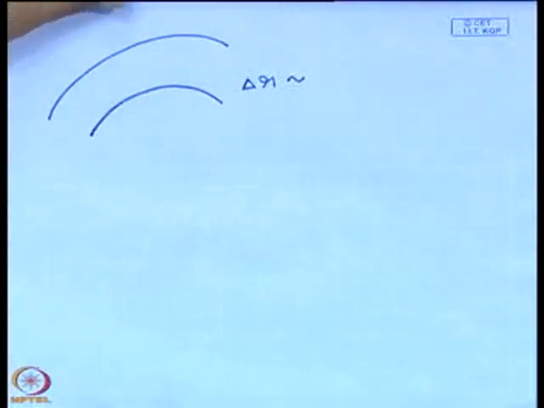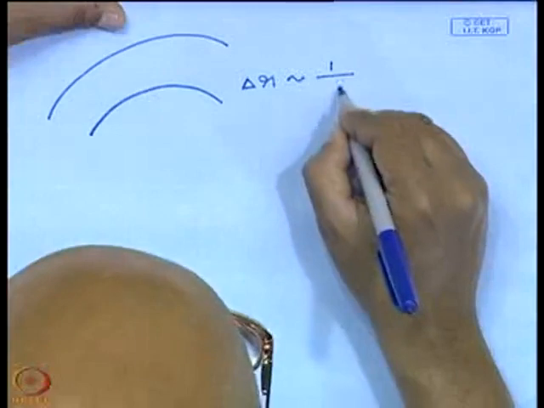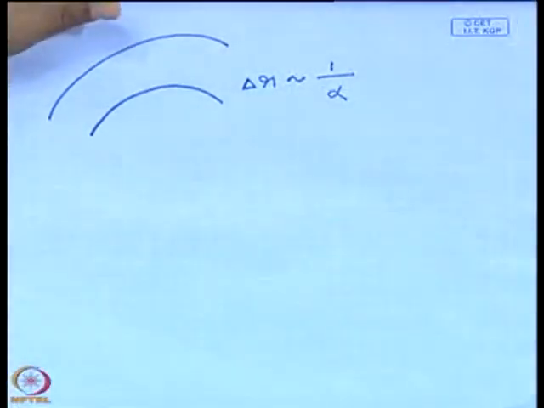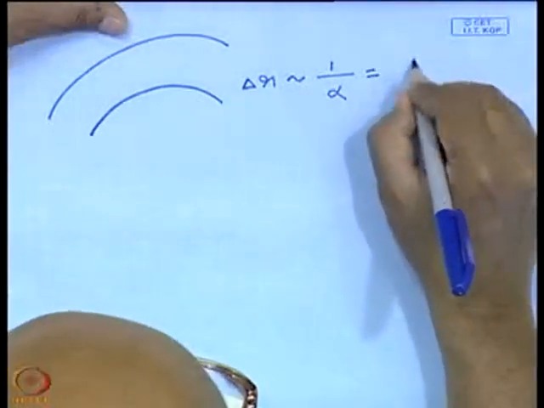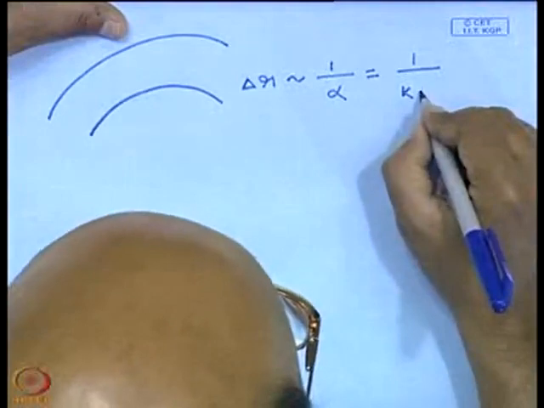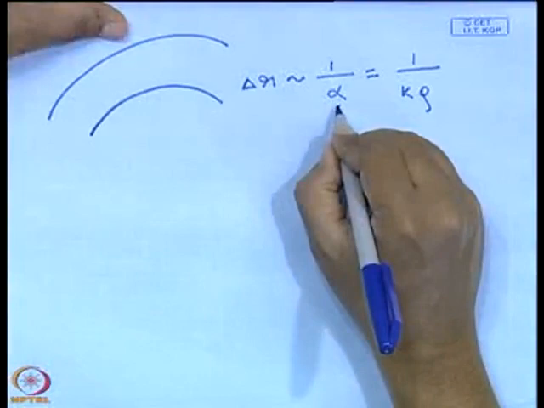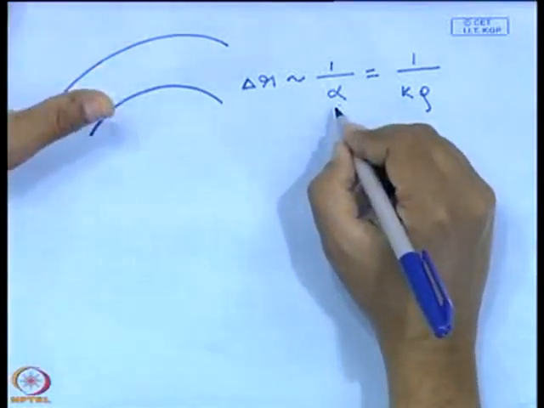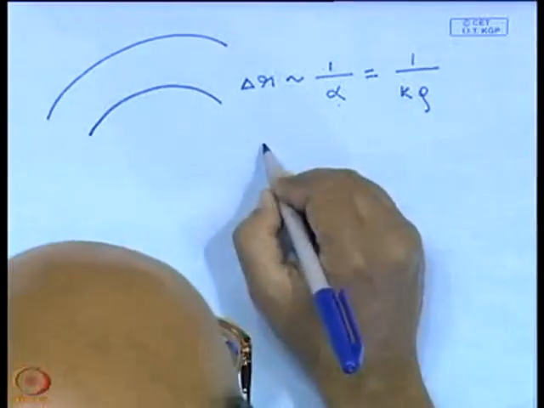We know the mean free path in any medium. The mean free path we know is 1 by the absorption coefficient alpha, or we can write it as 1 by the absorptivity or opacity into the density. Okay. So, this is the absorption coefficient per unit volume, right. That is how we had introduced it, alpha, and kappa is per unit mass. Okay. So, kappa is also called the opacity.